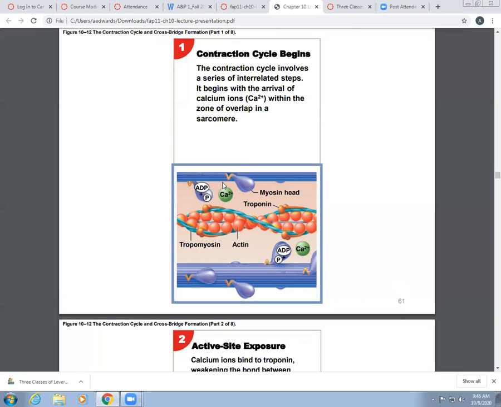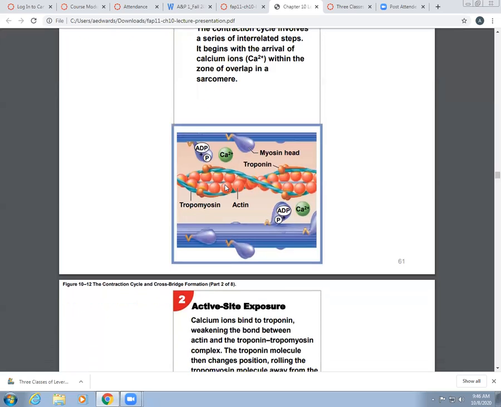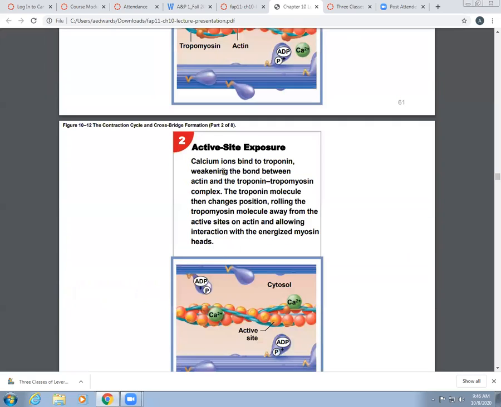You have an area where those two proteins overlap each other. So your calcium ions are going to bind to troponin. And it weakens the bond between actin and this troponin-tropomyosin complex.